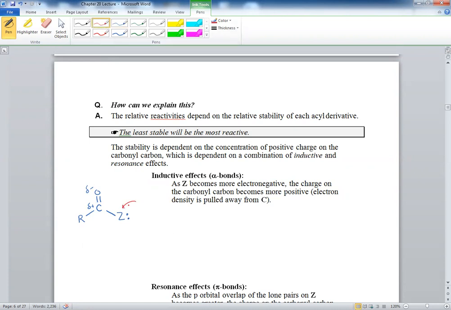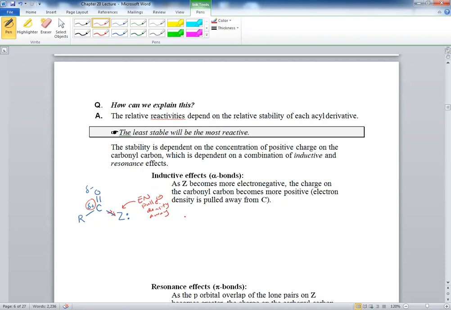This atom is an electronegative atom, which pulls electron density away from the carbonyl carbon. So basically what's happening here is that the electron density is moving toward Z at a time when the carbon needs as much electron density and negative charge to offset this delta positive, or if you have a resonance, the positive charge.